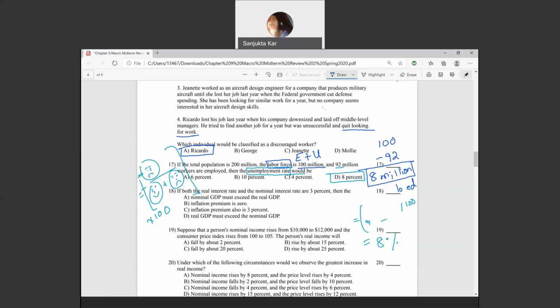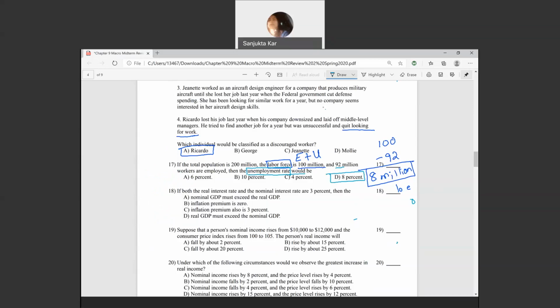All right, I'm going to take this off so that I can make space for the next question, which is question number 18. This one's telling me the real and nominal interest rate both are 3%.